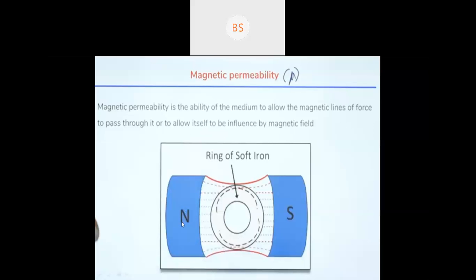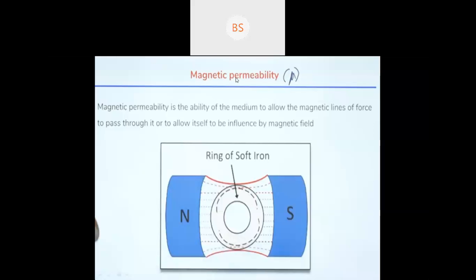For example, maybe there is an air medium between two magnets. Magnetic permeability is the ability of any medium, for example, I have two magnets with me, and air is the medium, to allow the magnetic lines of force to pass through it, or to allow itself to be influenced by a magnetic field.